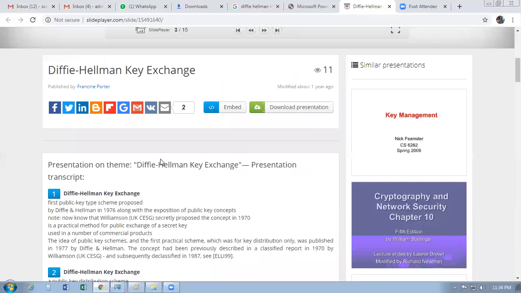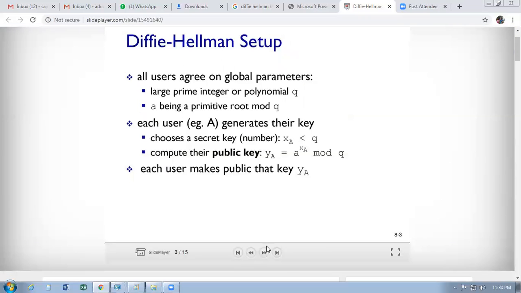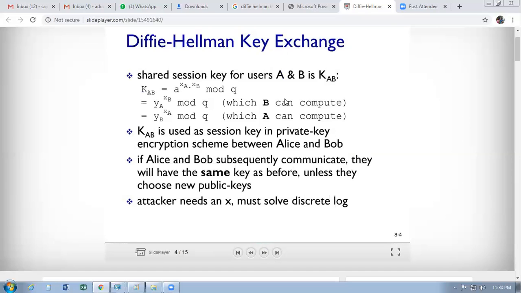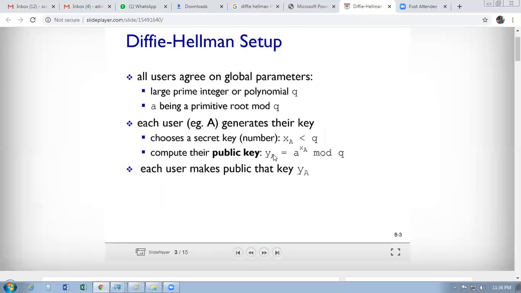Similarly, the other person B can choose his own private key XB, and using XB, he can generate his public key YB. The formula for calculating the public key YB is alpha power XB modulus q. So B makes his public key publicly available to all other persons.